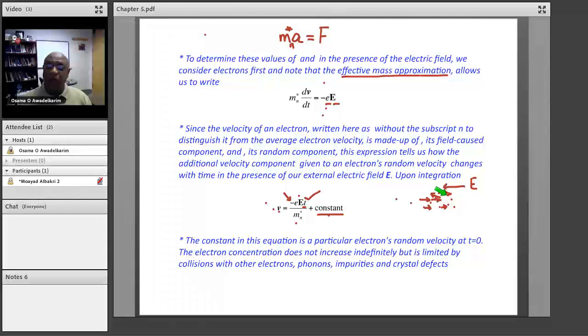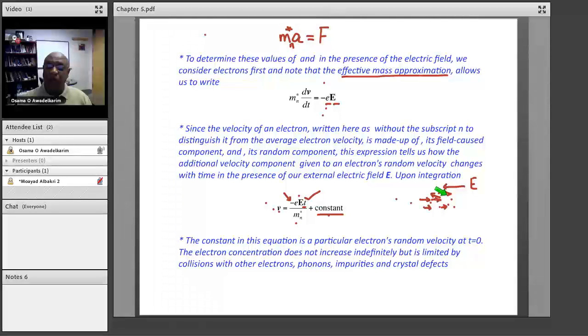So if we can calculate the average time between collisions, as people are coming out from the football stadium, if I make a collision every 2 seconds, then my speed increases, and after 2 seconds I collide with somebody, I slow down to 0, and then again it increases for 2 seconds, and then I collide with another person, and so on.